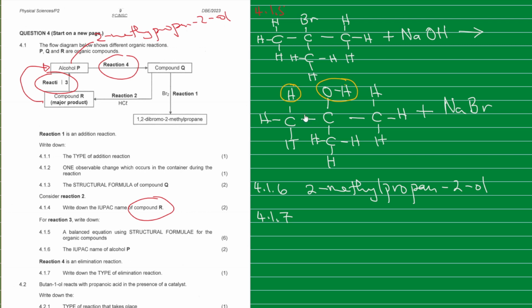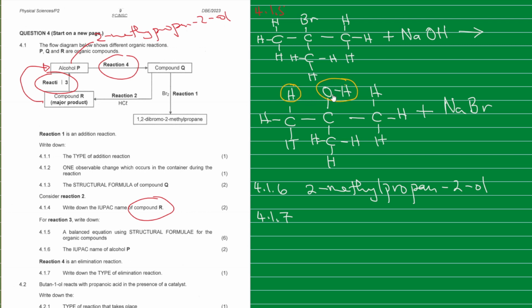Remember, when we eliminate two atoms, the double bond must be formed between the two carbon atoms from which the atoms were eliminated.